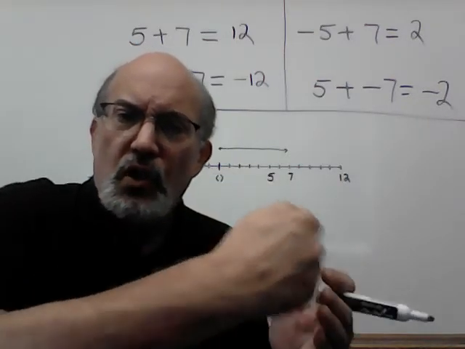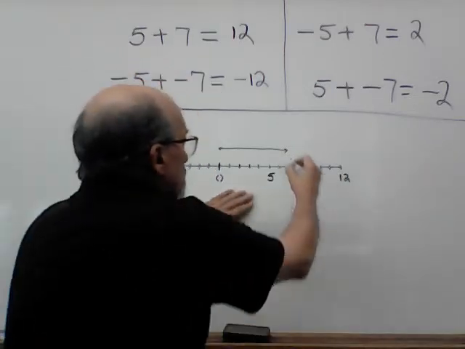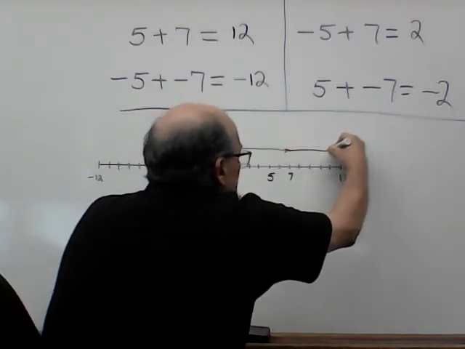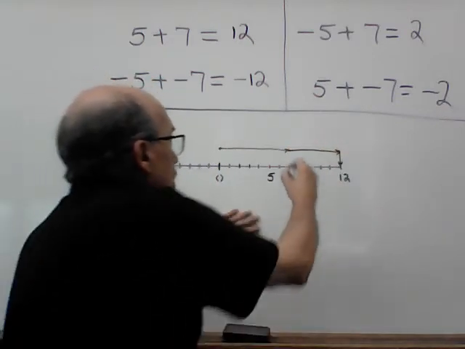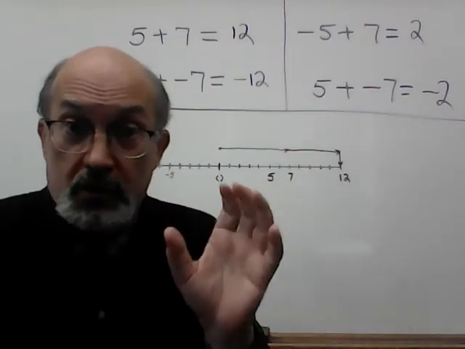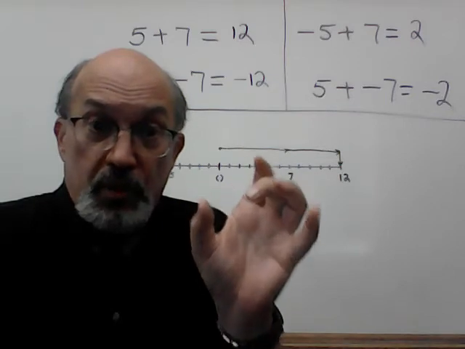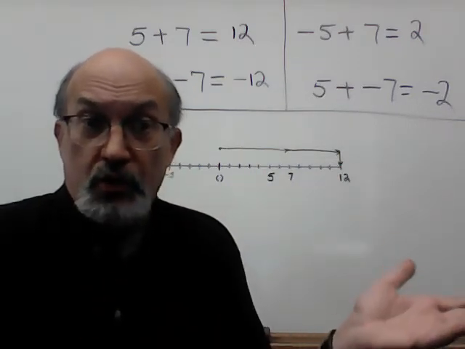You go to 7 and count on by 5. And of course, you're going to end up at 12. So there is the 5 vector being placed starting point on end point, and of course you get to 12.